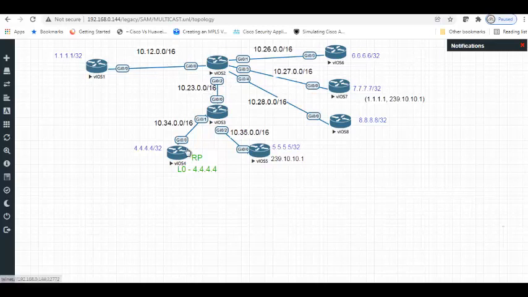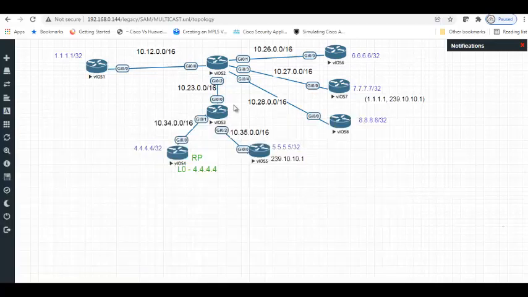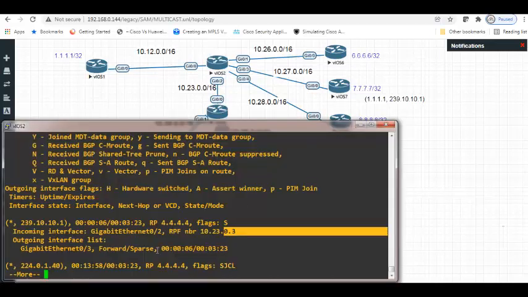But as of now, this is the incoming interface. And the outgoing interface, towards the group member who is going to receive the signal, is via G03. And this is the RP address. To go to the incoming interface towards the RP, this is the address. This is router 3's address. This interface is 10.23. That's called reverse path forwarding.